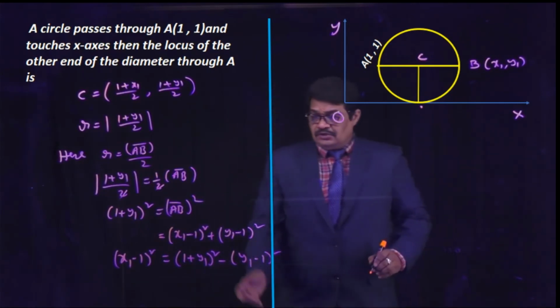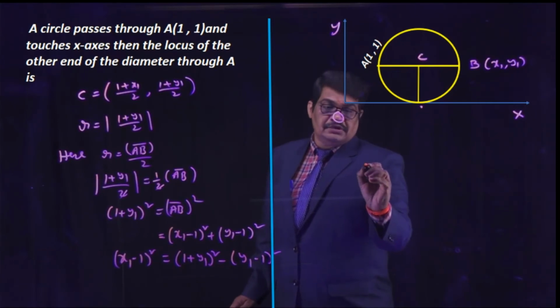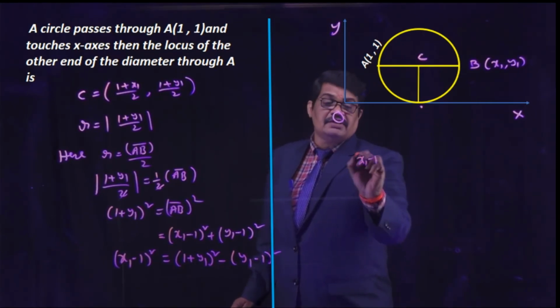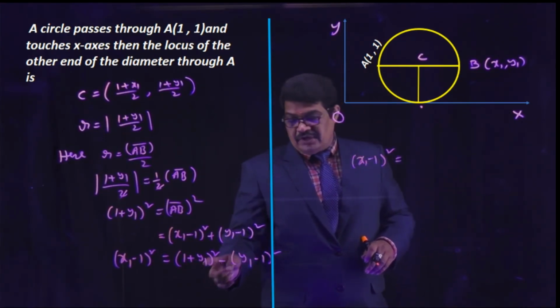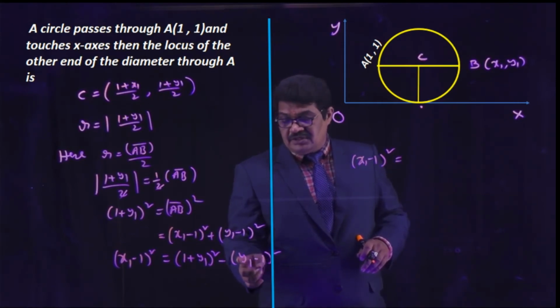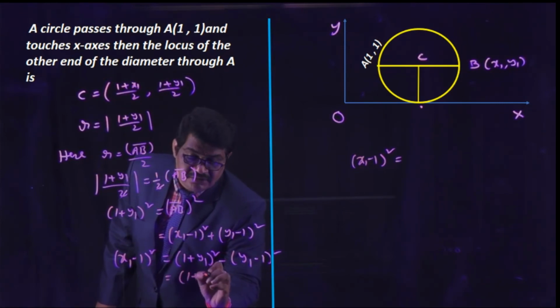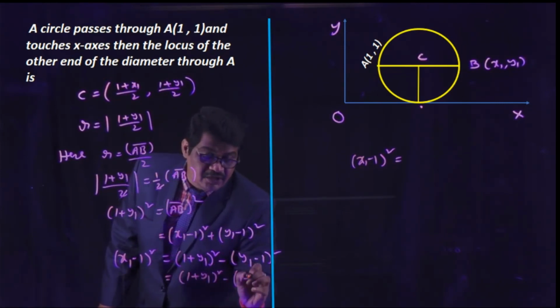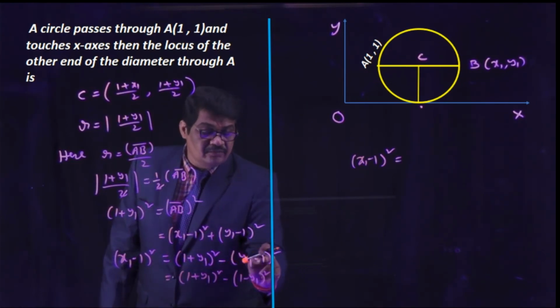Now this is the equation: (x1 minus 1) whole square is equal to (1 plus y1) whole square minus (1 minus y1) whole square, since (y1 minus 1) whole square can also be written as (1 minus y1) whole square.